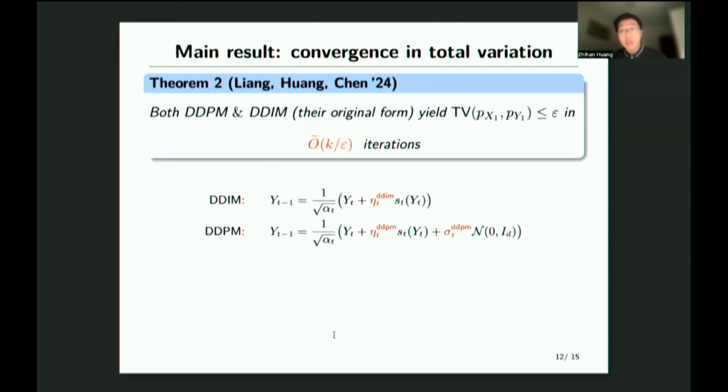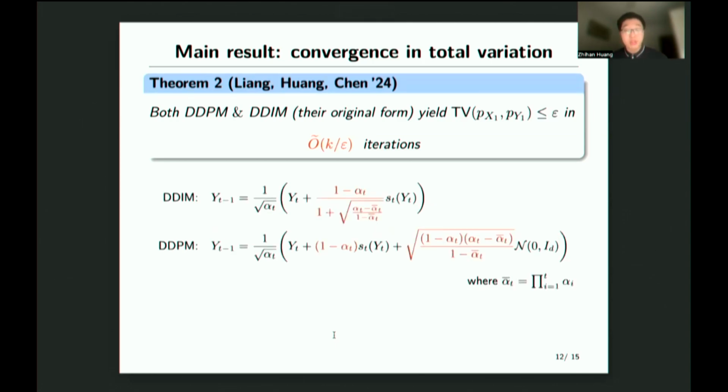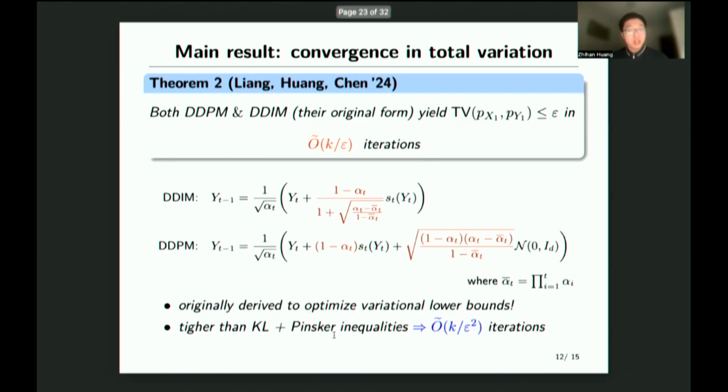Here, the original form means that we use exactly the same coefficients as the original paper proposes. Specifically, we choose this type of coefficient for our sampler. These coefficients were originally derived to optimize variational lower bounds. Here we derive them from a pure differential equation perspective and get exactly the same result.